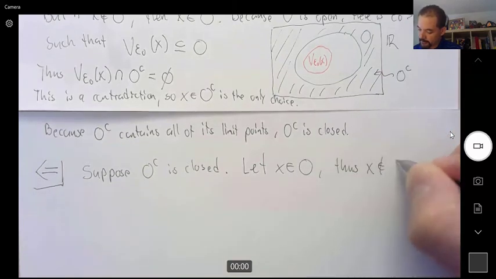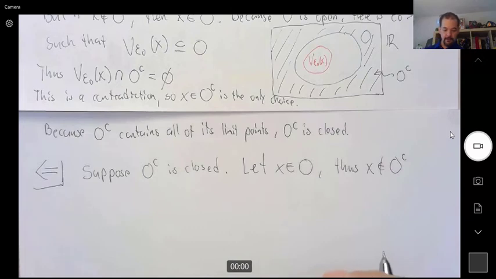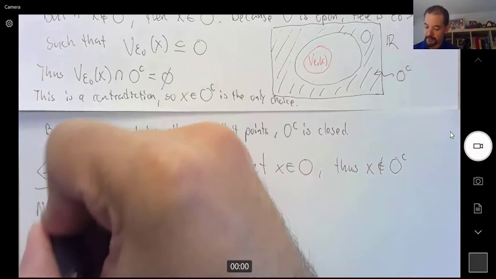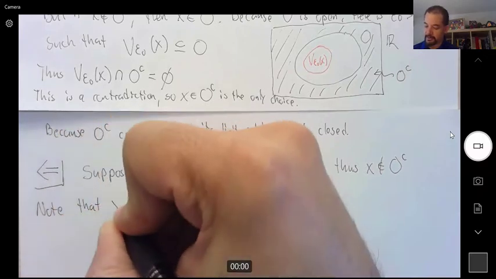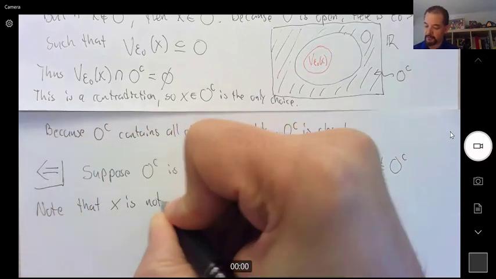And because it's not in O complement, that means it's not a limit point. Because if it were a limit point, then it would belong to O complement, because that's the definition of being closed. So let's write here: note that X is not a limit point.